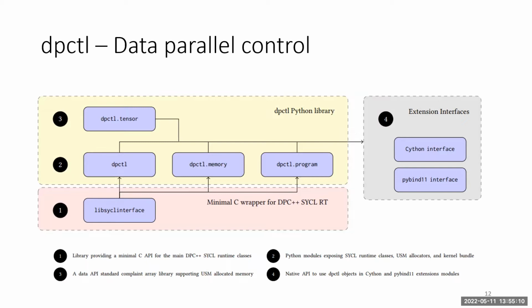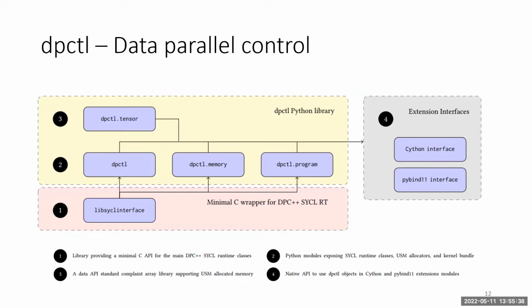There are 4 modules in DPCTL. The first is dpctl.tensor, as I mentioned. This is a Python-specific array API, and we use this dpctl.tensor to manually copy your data to the device.